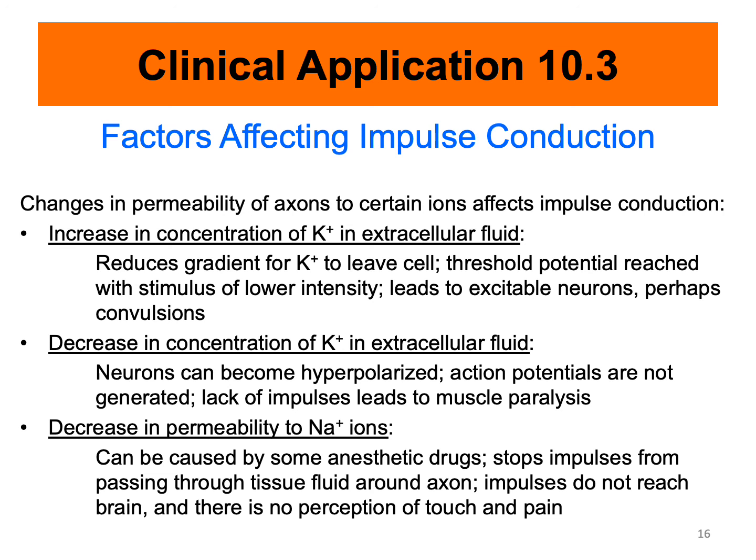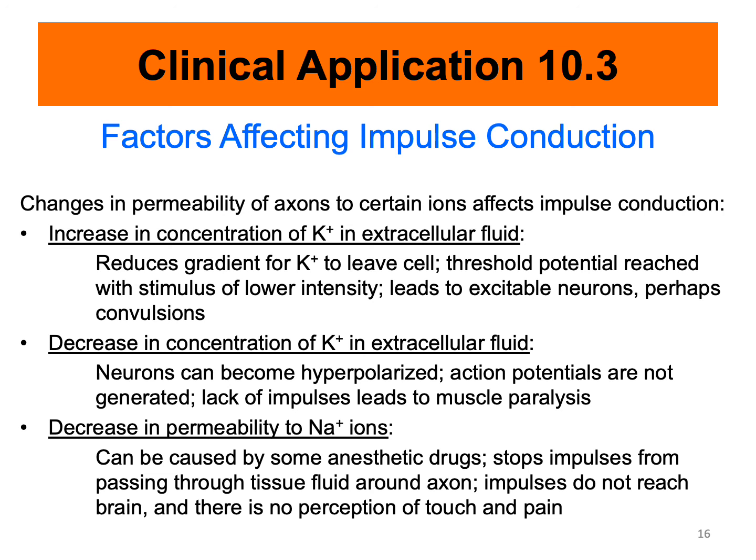the concentration of potassium and sodium ions in the extracellular fluid and their permeability will affect the impulse conduction. If you have a higher potassium concentration in your plasma, it will lead to excitable neurons, perhaps convulsions. And in the same manner, if there is less potassium than normal in the plasma, neurons can become hyperpolarized.